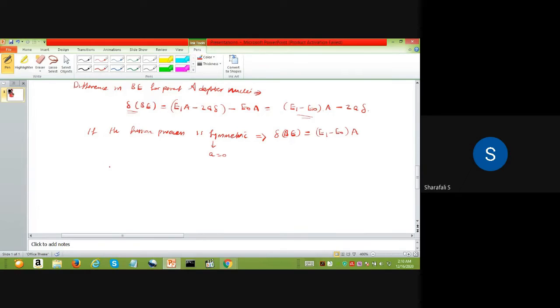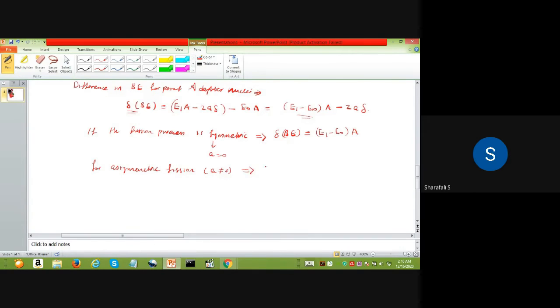For asymmetric fission, you will have different values. So I'll say for asymmetric fission, delta will not be equal to 0.